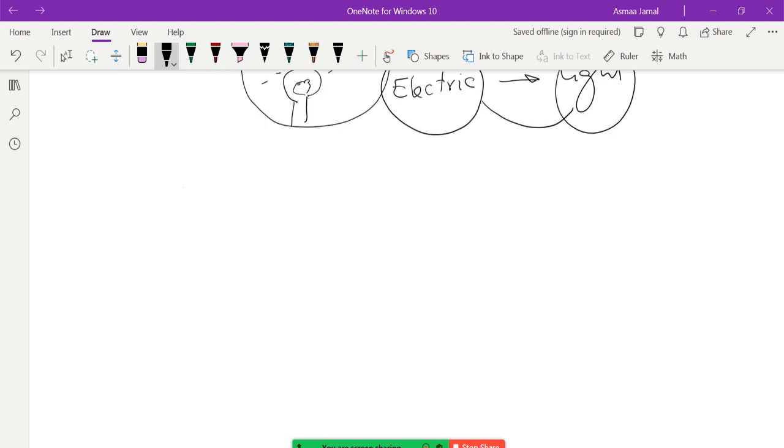Light is a kind of kinetic energy because it's moving in waves. And we have two types of waves. One is transverse, while the other one is longitudinal.